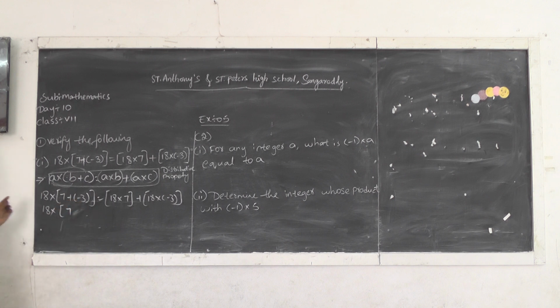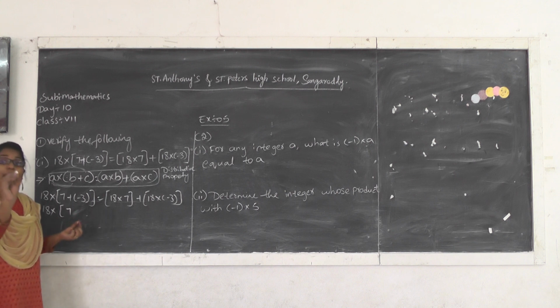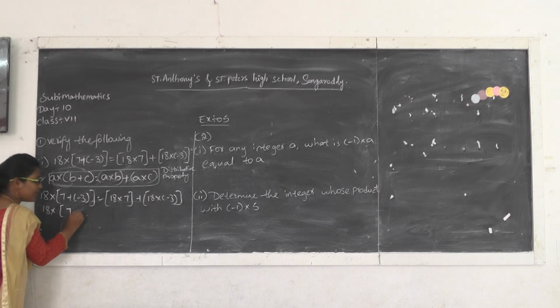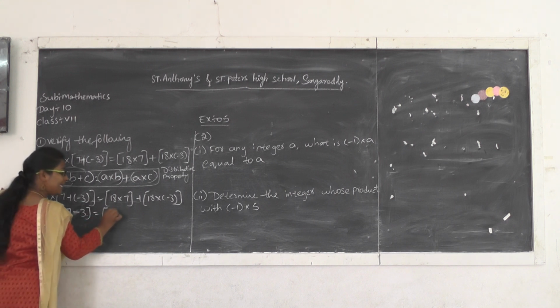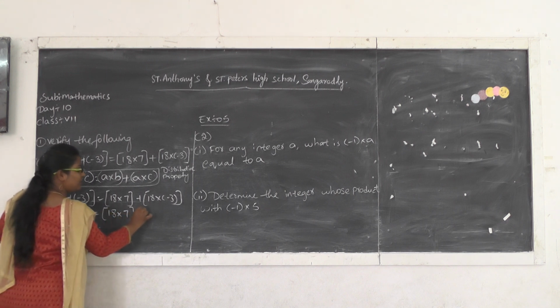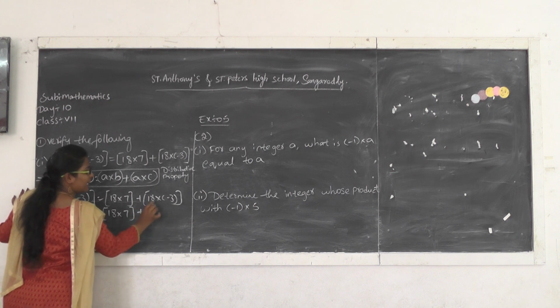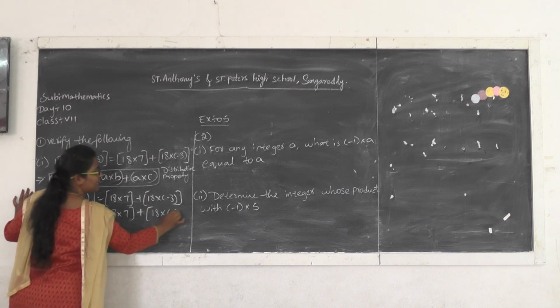First we have to simplify the symbols. Are they the same symbols or different symbols? They are different symbols. If they are different, we keep the negative sign. That is 18 into (7 minus 3) equal to 18 into 7 plus 18 into minus 3.